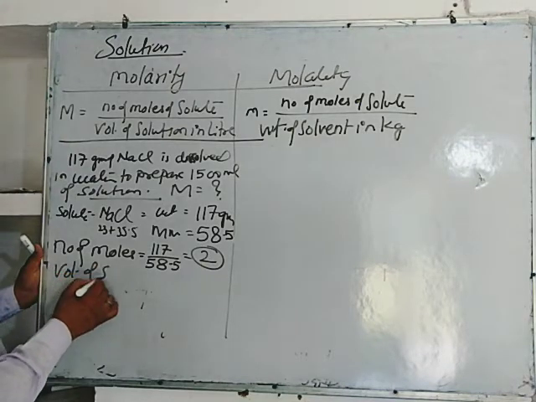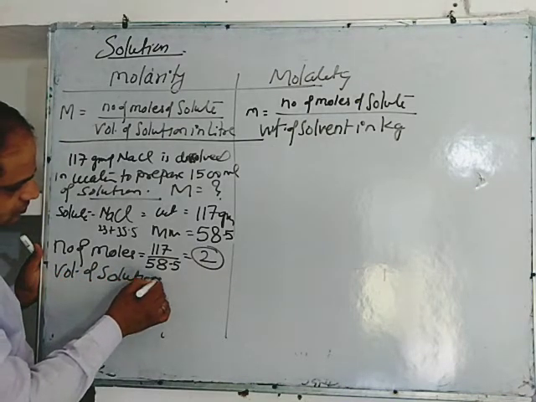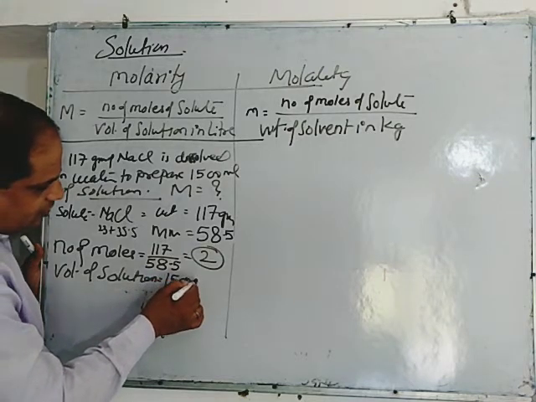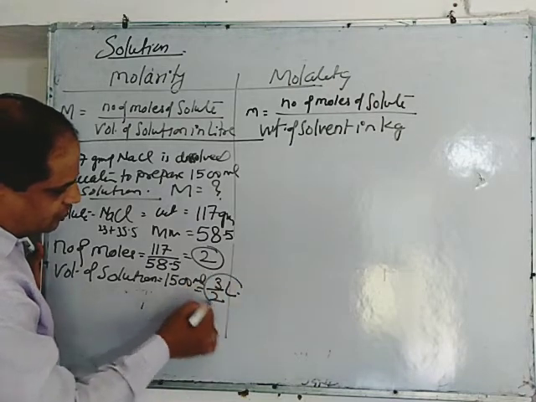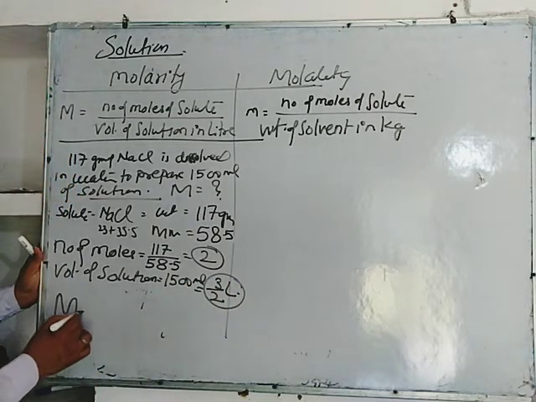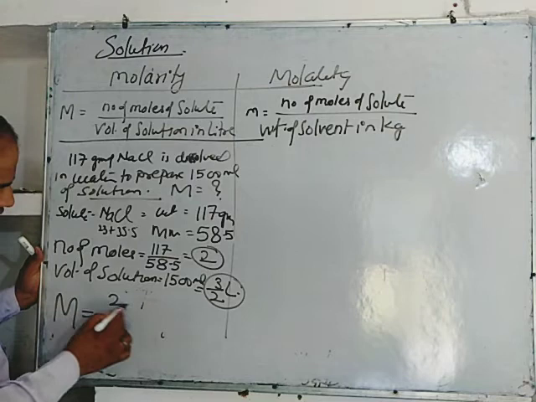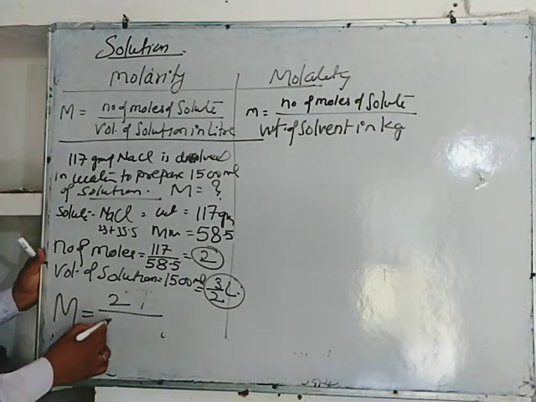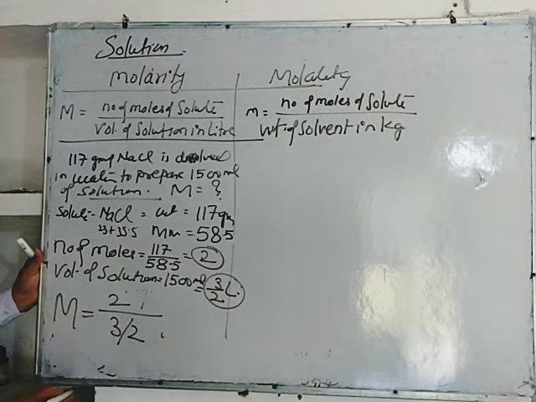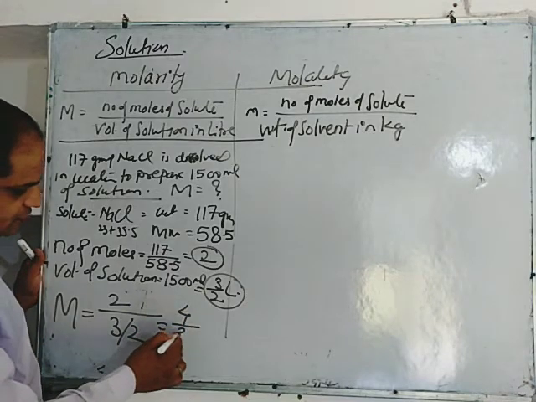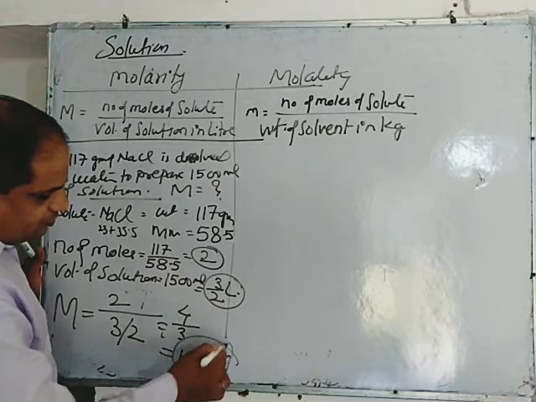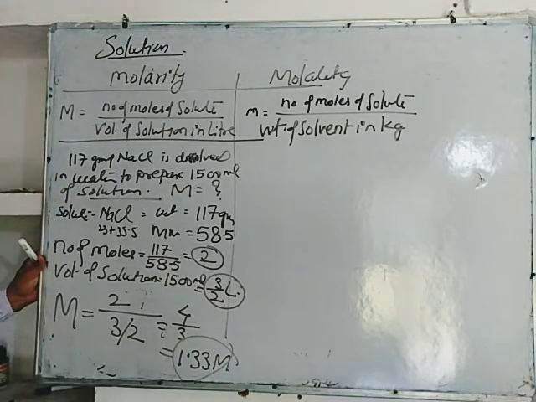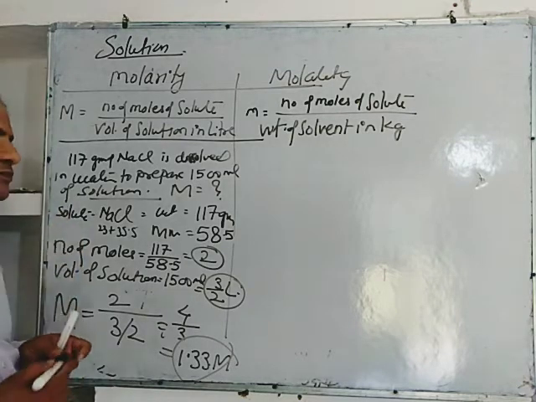Volume of solution is 1500 ml, means 3/2 liter. Now molarity is number of moles of solute upon volume of solution in liter. This is equal to 4/3, equal to 1.33 M, means mole per liter. So this is the question of molarity.